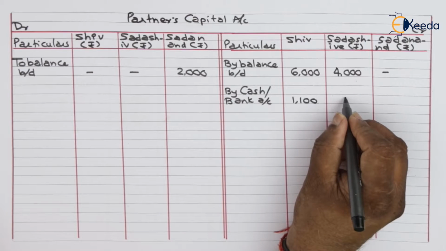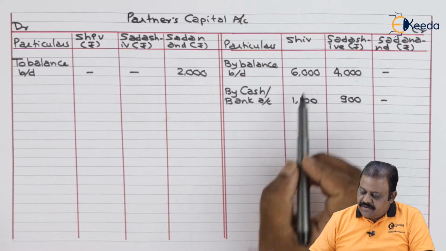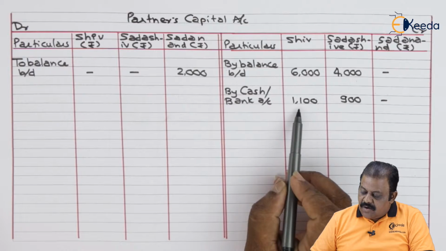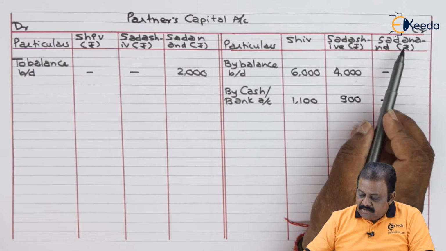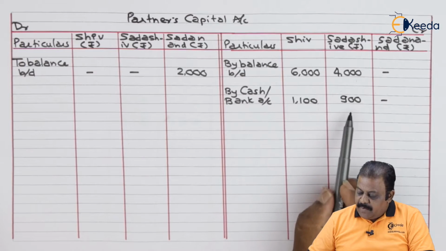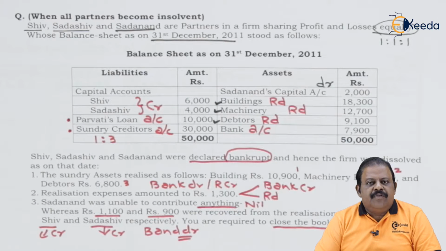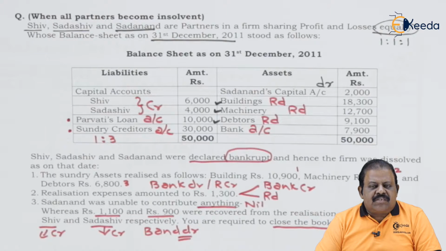Partners' capital account, Shiv, credit by cash bank account 1,100. Sadashiv, credit by cash bank 900. You are required to close the books of the firm. We have given effect to all adjustments given in the question. Now we'll close the realization account first.